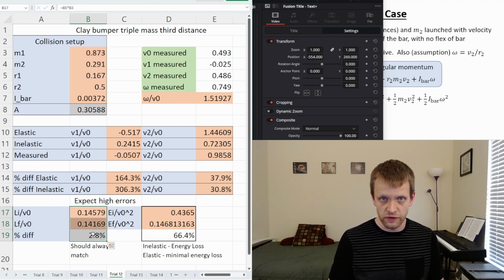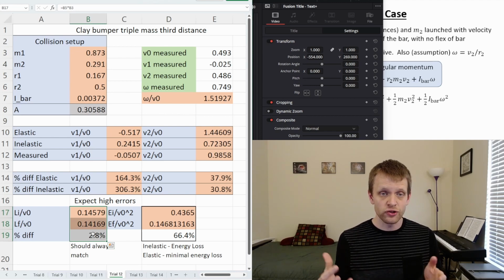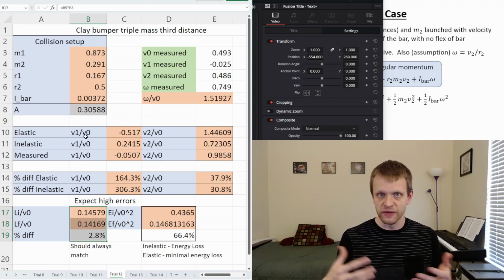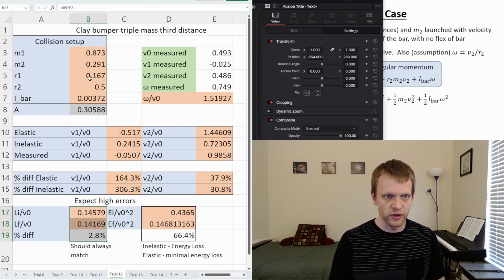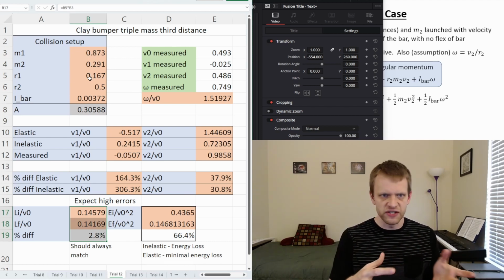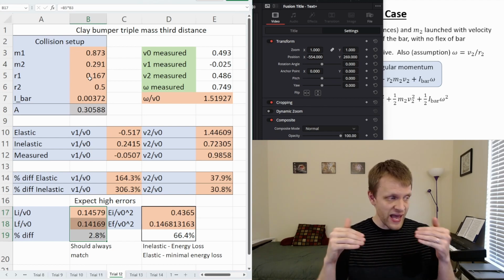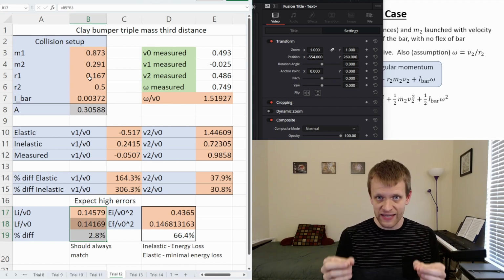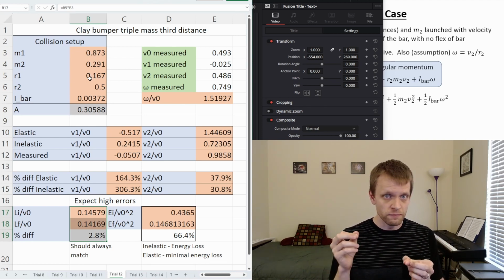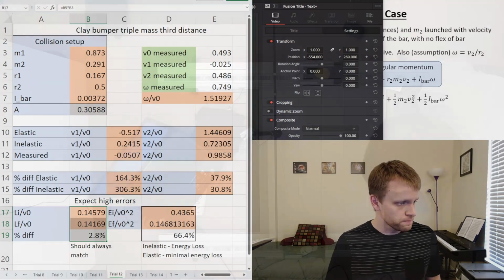So let's look at some cases where we don't have these nice balanced systems where it's double the mass at half the distance or triple the mass at a third the distance, because this should work for any combination of masses and distances. So let's look at those trials first.